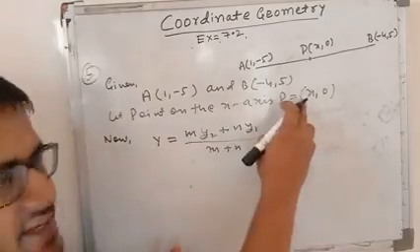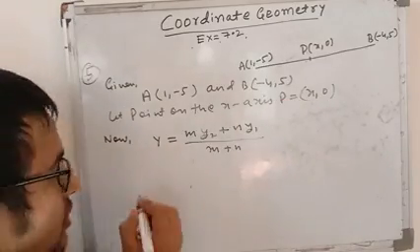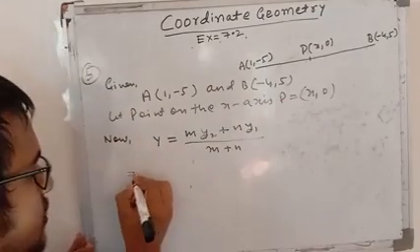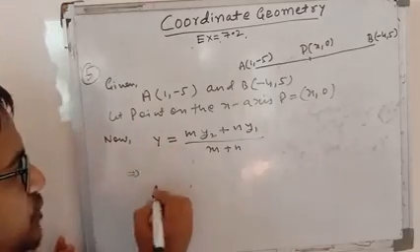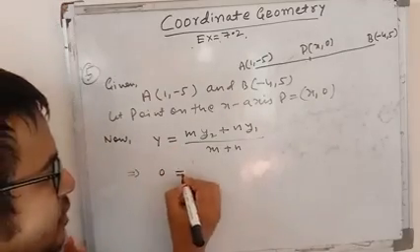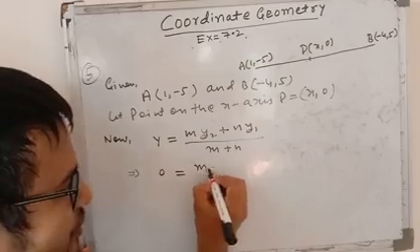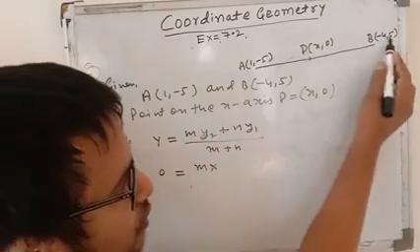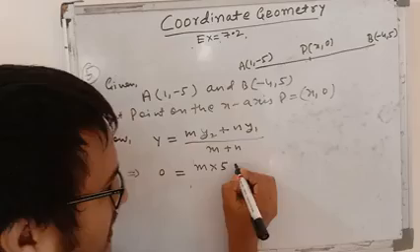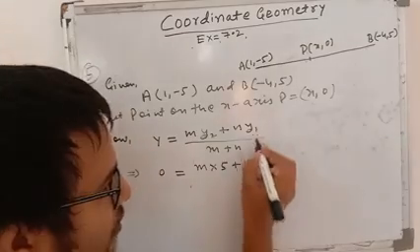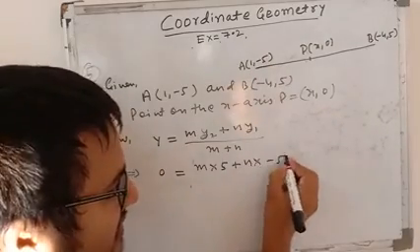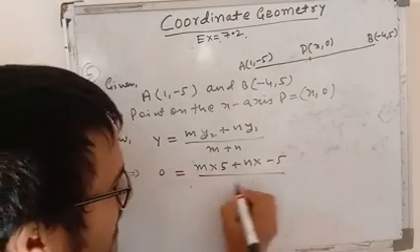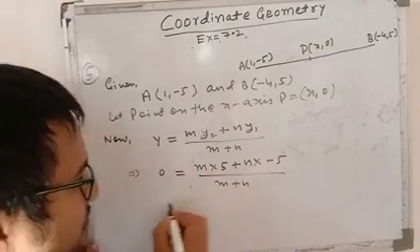I can't use x because x is not given. So put y equals 0: 0 equals m times y2, which is 5, plus n times y1, which is -5, all by m plus n.